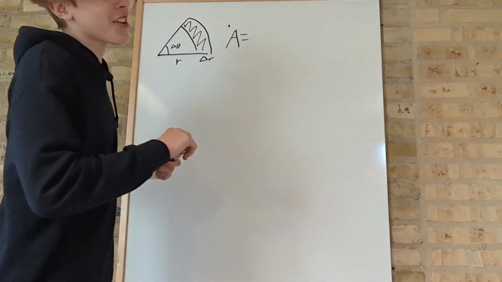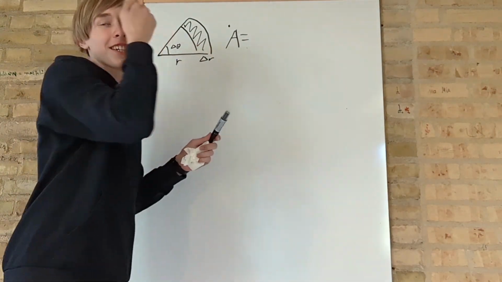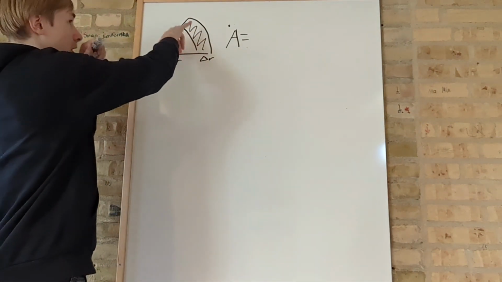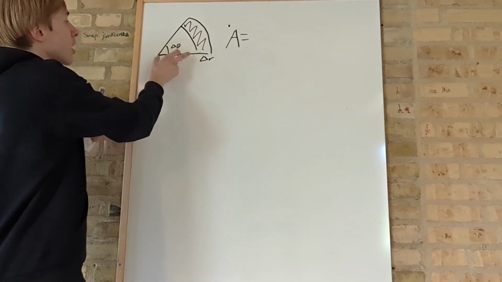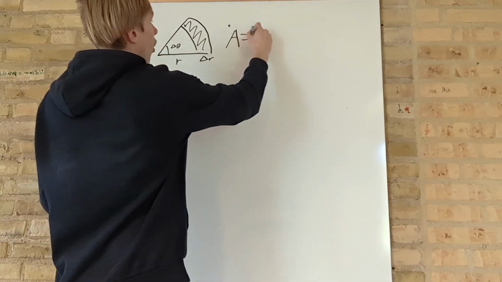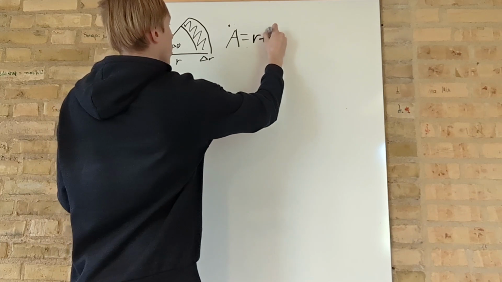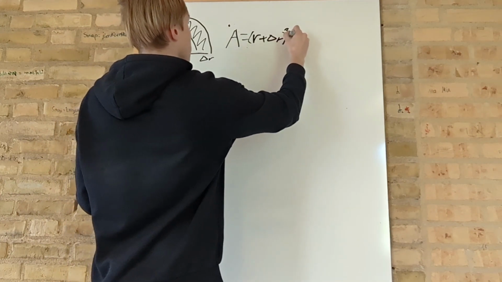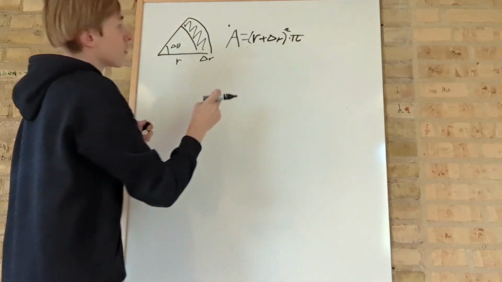So to solve the area of this part, we want to find the total area of this circle sector and then subtract this inner part, and the total is r plus dr, and that squared times pi to get the area of the circle.